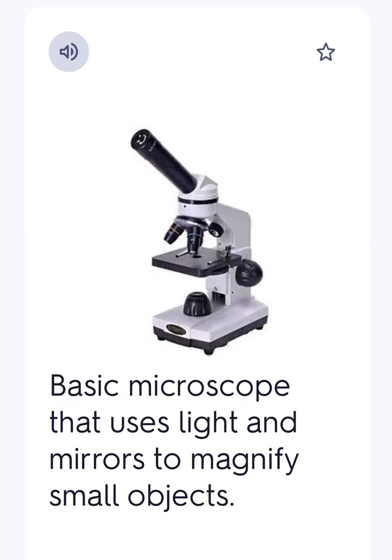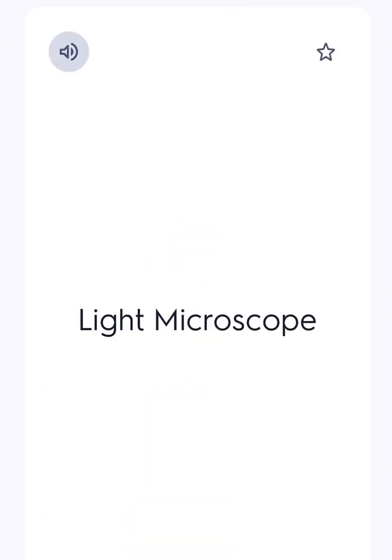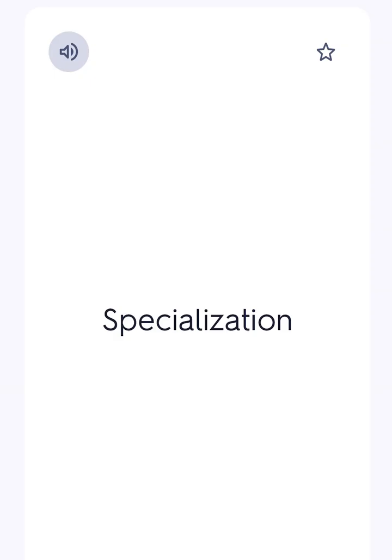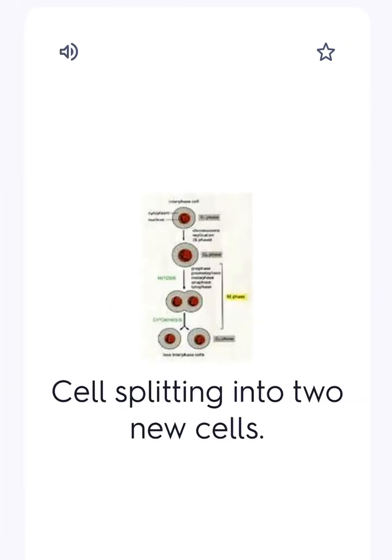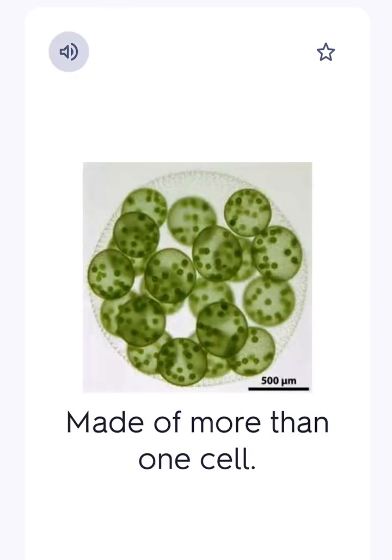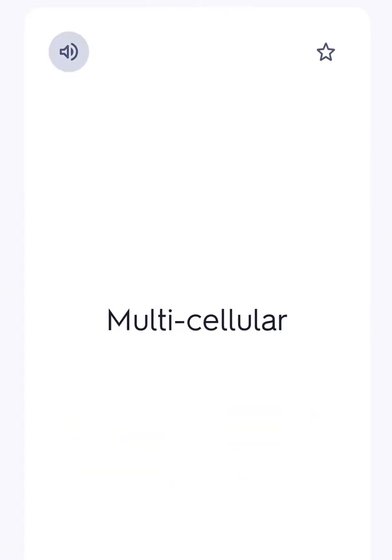Basic microscope that uses light and mirrors to magnify small objects. Light microscope. Cells that do only one special job. Specialization. Cell splitting into two new cells. Cell division. Made of more than one cell. Multicellular.